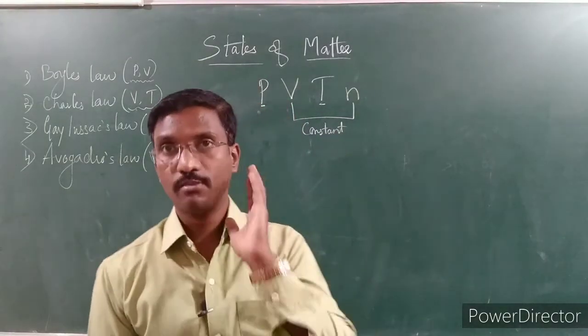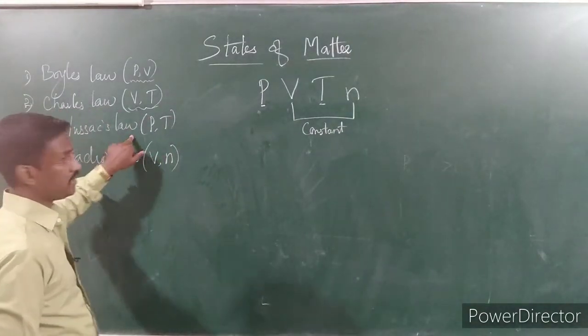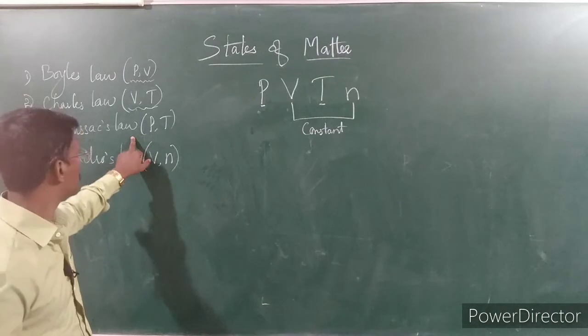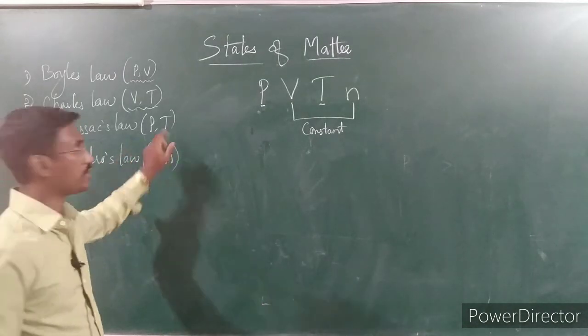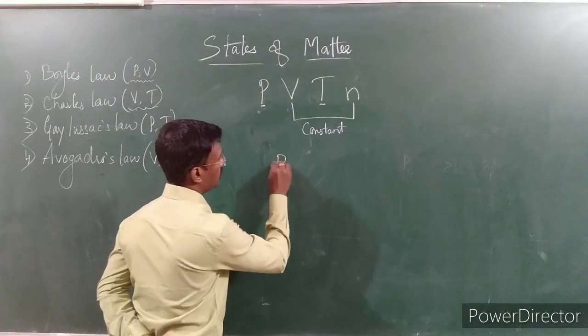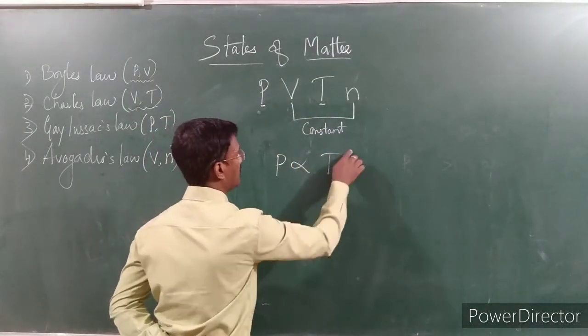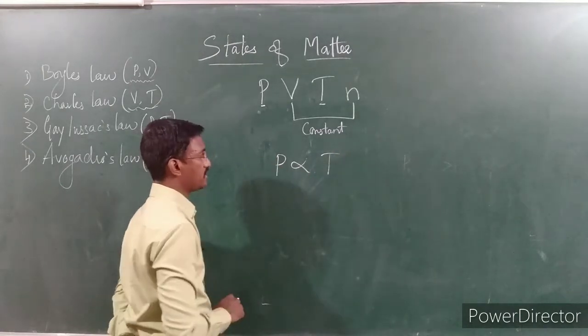Based on that, you can define this law. So Guy-Lussac's law expresses the relation between pressure and temperature. Pressure is directly proportional to temperature, because as the temperature increases, pressure also increases.